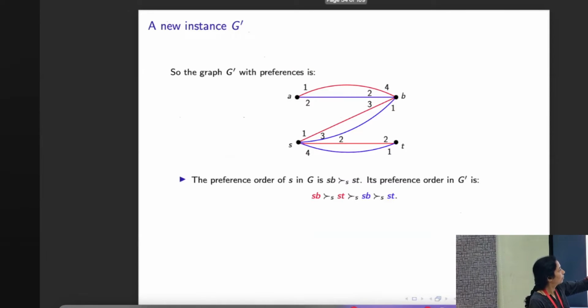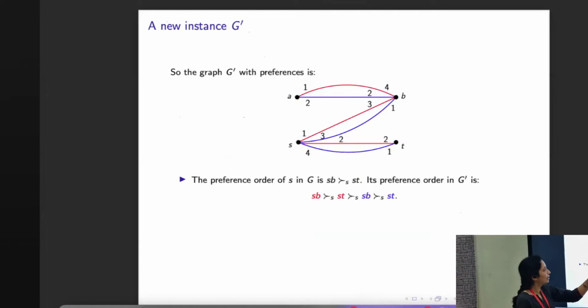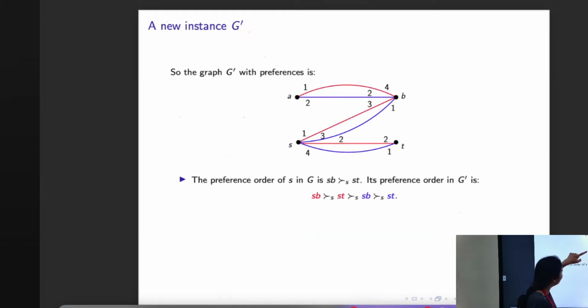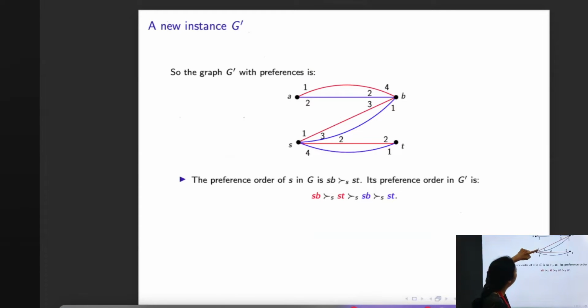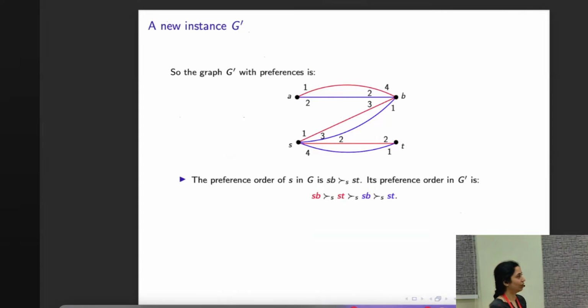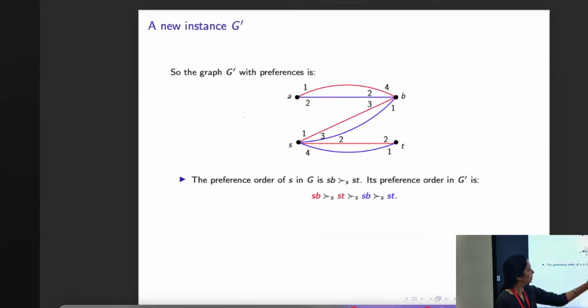Let's focus on S. Originally SB is its top choice and ST was the second choice. Let's put preferences on edges rather than on vertices. So original preference order of S was SB is better than ST.